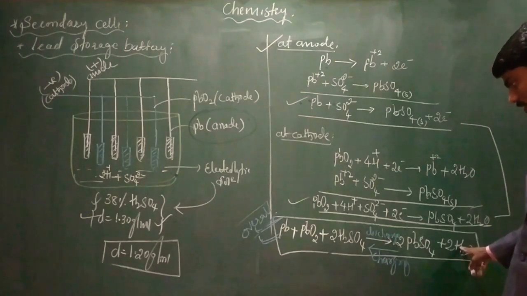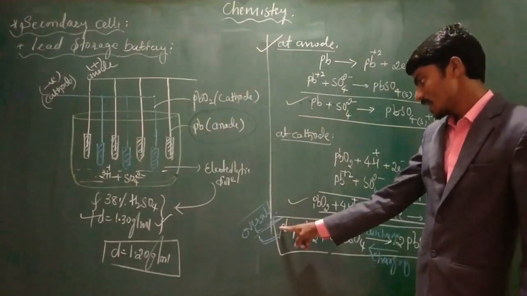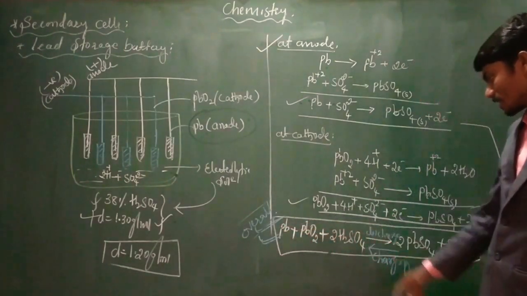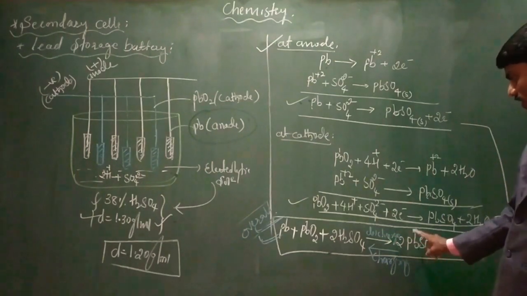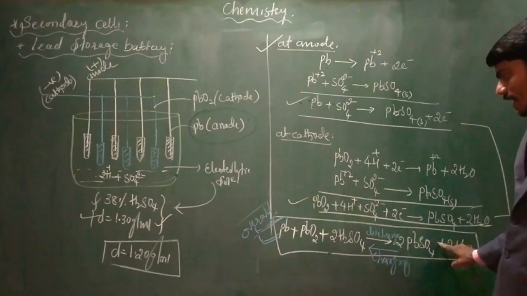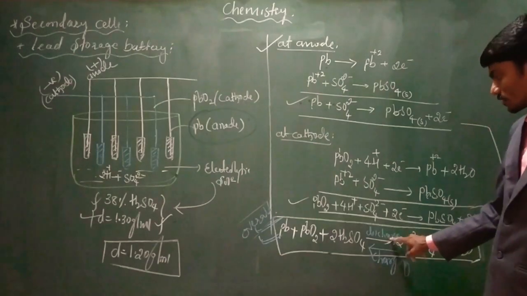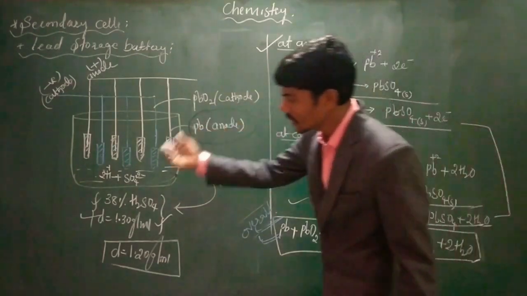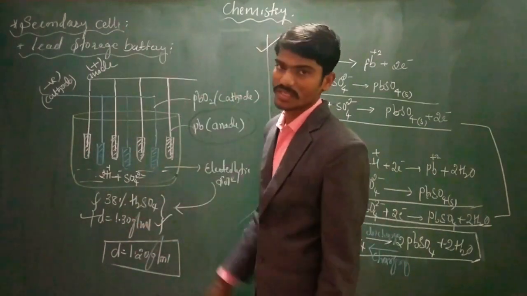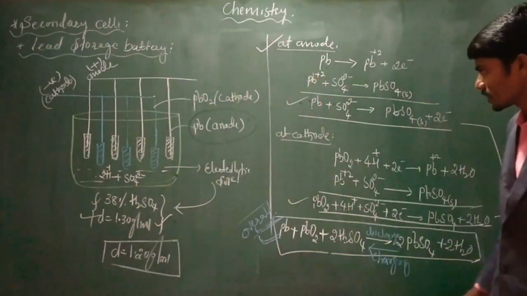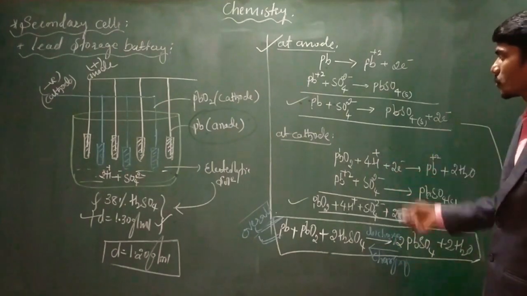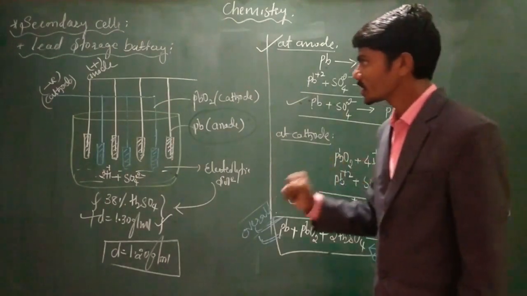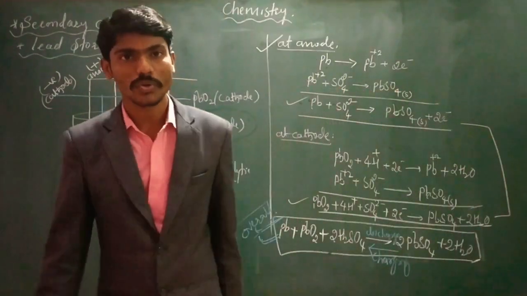This gives rise to lead plus lead oxide plus sulfuric acid. सल्फ्यूरिक एसिड फॉर्म हो रहे, सल्फ्यूरिक एसिड फॉर्म हो तो इसका कंसंट्रेशन अगेन 1.20 से भी ज्यादा हो जाएगा. कंसंट्रेशन इंक्रीज हो जाएगा.